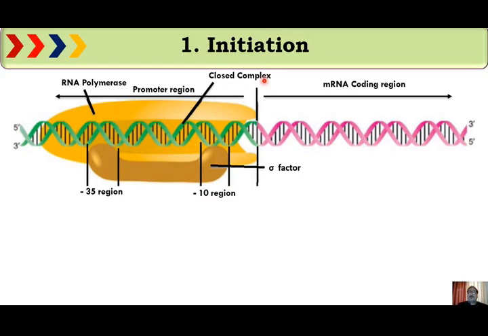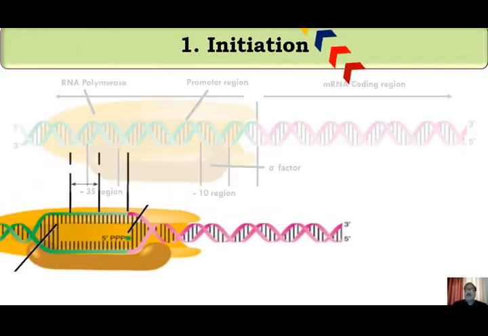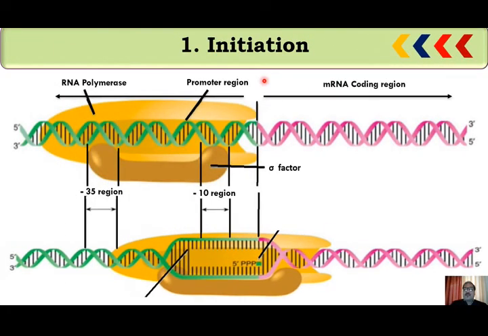Then after formation of the closed complex, the RNA polymerase holoenzyme separates 10 to 14 bases extending from -11 to +3, and this process we call melting.